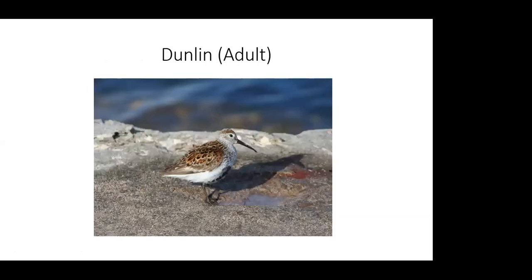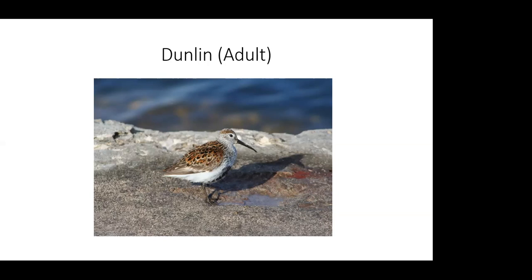Dunlins are pretty cool birds. We see a few of them in spring. In fact, their former name was red-backed sandpiper, which is not a bad name, but I guess the decision was made to return to another term, Dunlin, and at the moment I can't recall how that name came about.